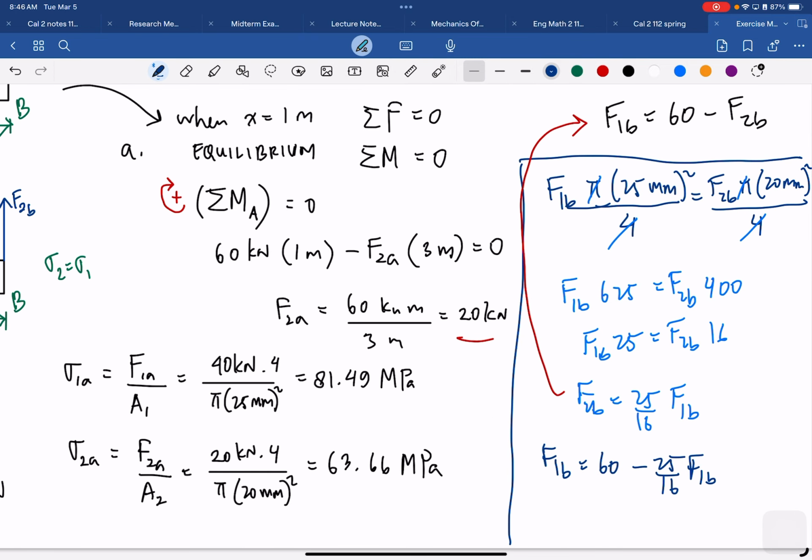So 41 over 16 F1B is 60. So what is that? 60 multiplied by 16, divided by 41. So F1B is 23.414.